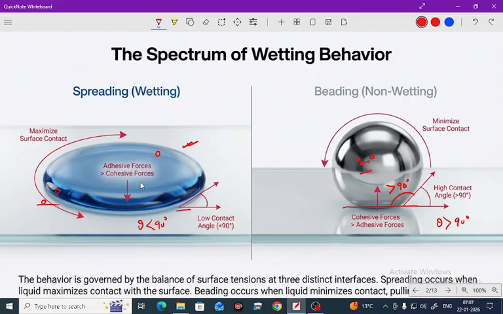And you see here, the behavior is governed by the balance of surface tensions at three distinct interfaces. Spreading occurs when liquid maximizes contact with the surface.